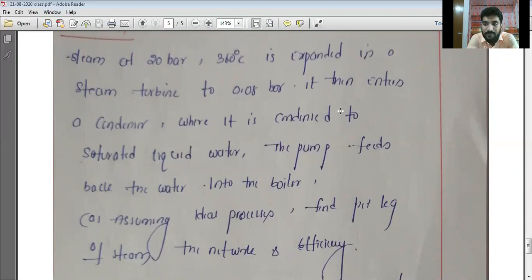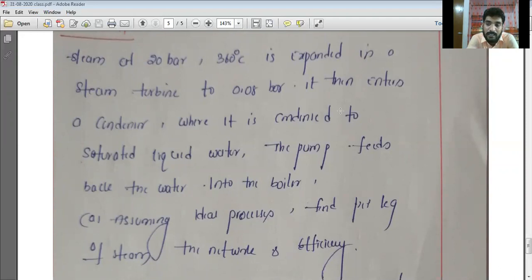Part A question is here. Find the net work done and efficiency under ideal considerations, and then find the net work done and efficiency again if you assume the pump efficiency is 80% and the turbine efficiency is 80%.